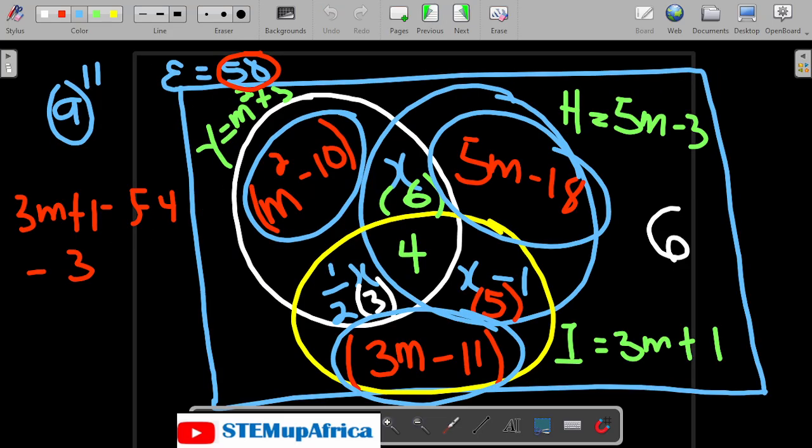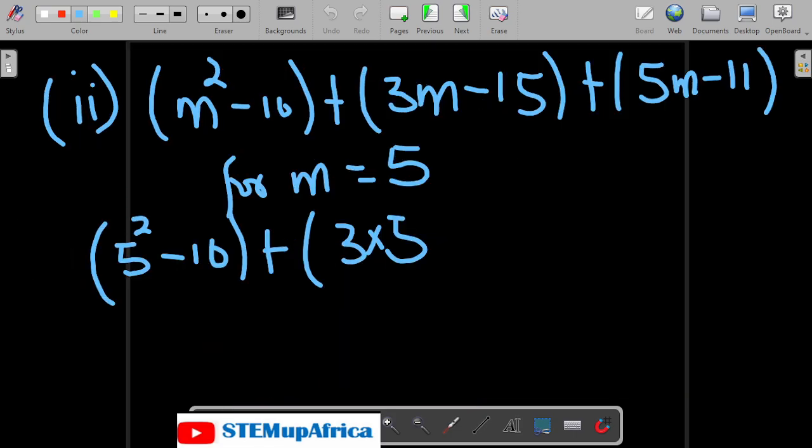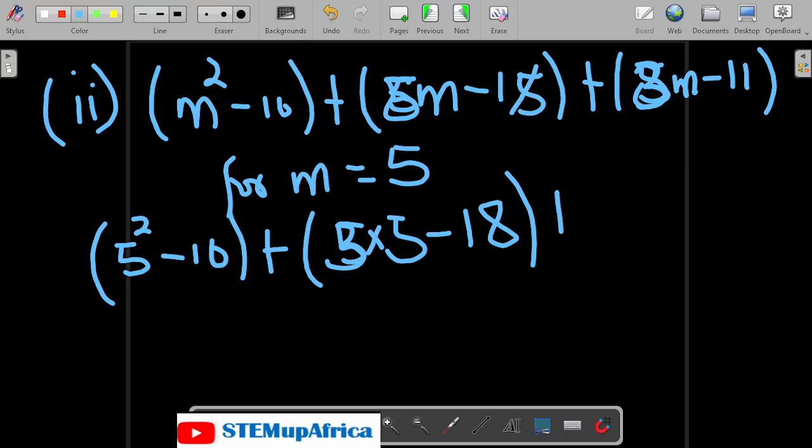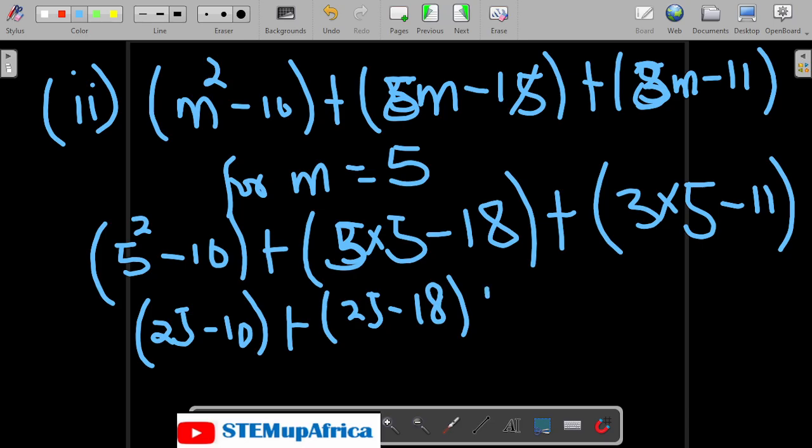You're supposed to have 5m minus 18. I mean, here is 5m minus 18, here is 3m, so here is 5. Here is 5m minus 18 plus 3 times 5 minus 11, which is 25 minus 10 plus 25 minus 18 plus 15 minus 11.